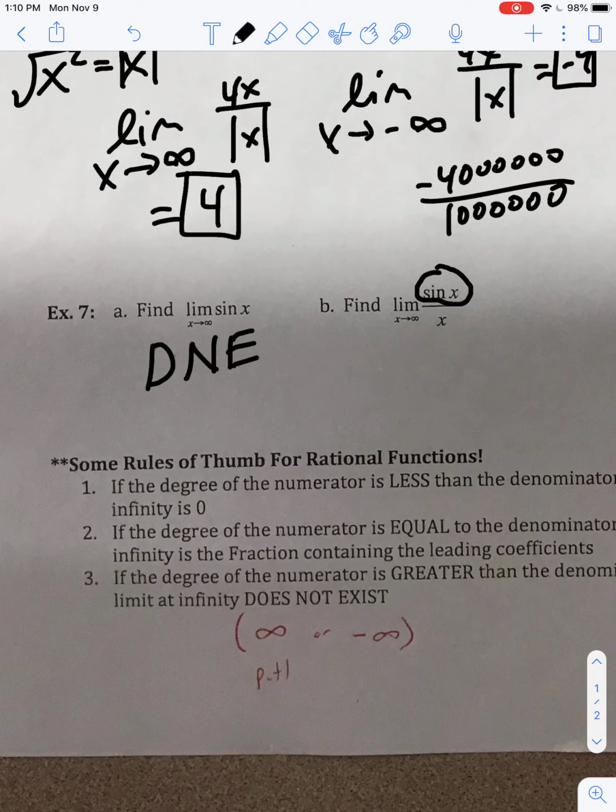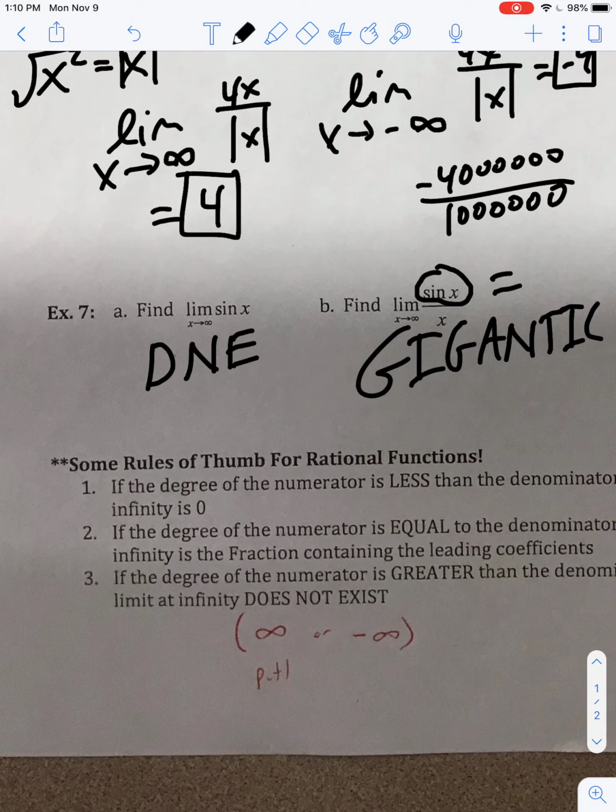On bottom, however, if I'm going out to infinity, the bottom is getting gigantic. And so a small number over a gigantic number is getting closer and closer to 0. So you're not really applying horizontal asymptote rules there, but just thinking through what's happening.